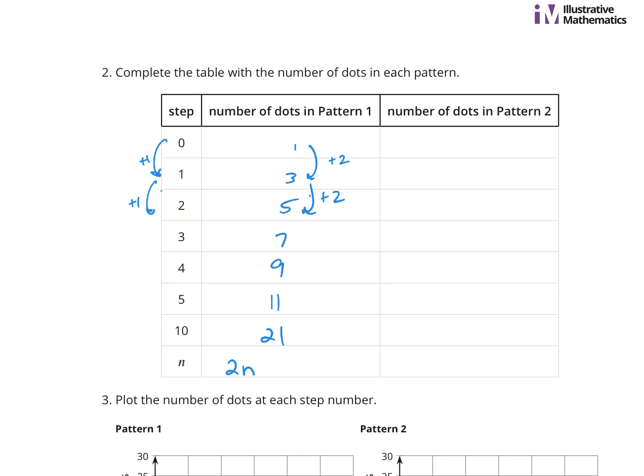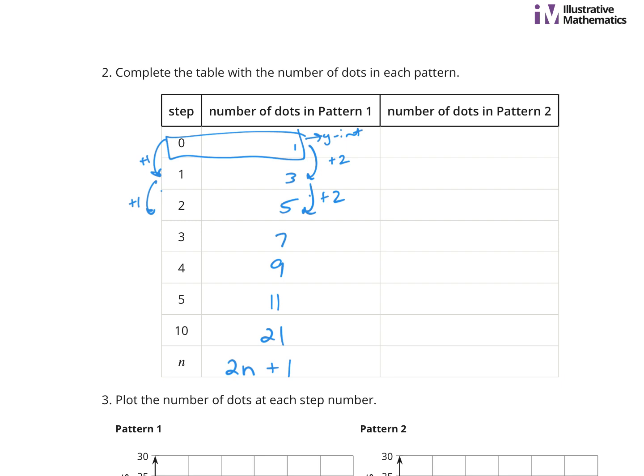But this is not a proportional relationship, because if it was proportional, step 0 would also have 0. So I need to take into consideration my y-intercept. Remember, this is going to represent your y-intercept because it crosses the y-axis at 1. So my expression is just going to be 2n plus 1.